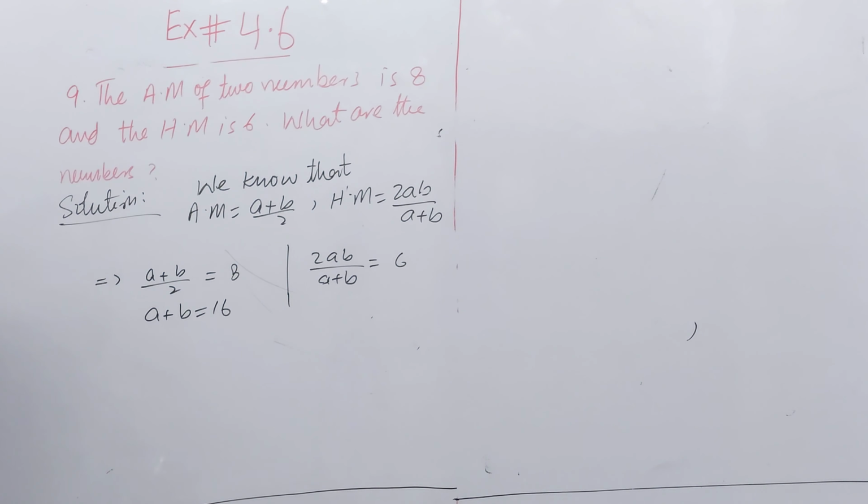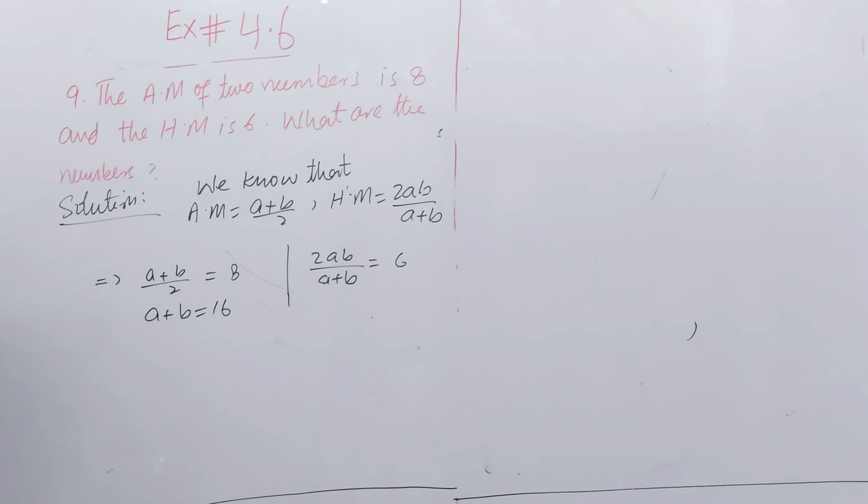Now we can put that value of a plus b in this equation, so we get 2ab divided by 16 is equal to 6. We can cancel the 2 with 16, which gives 8, and shifting this 8 to the other side, ab is equal to 8 into 6, which is 48.